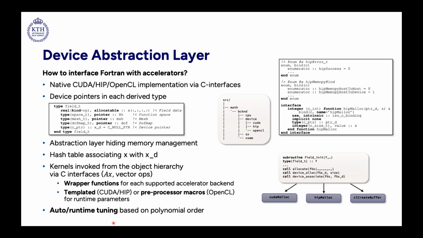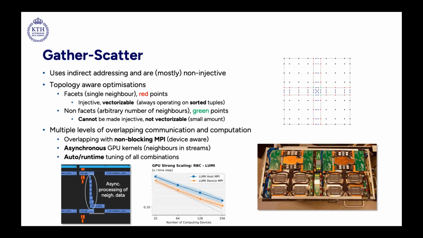The next thing that we need to have fast is also communication. And here we learned a lot from working with the NEC SX-Aurora vector card, which really needs long vectors to operate efficiently.